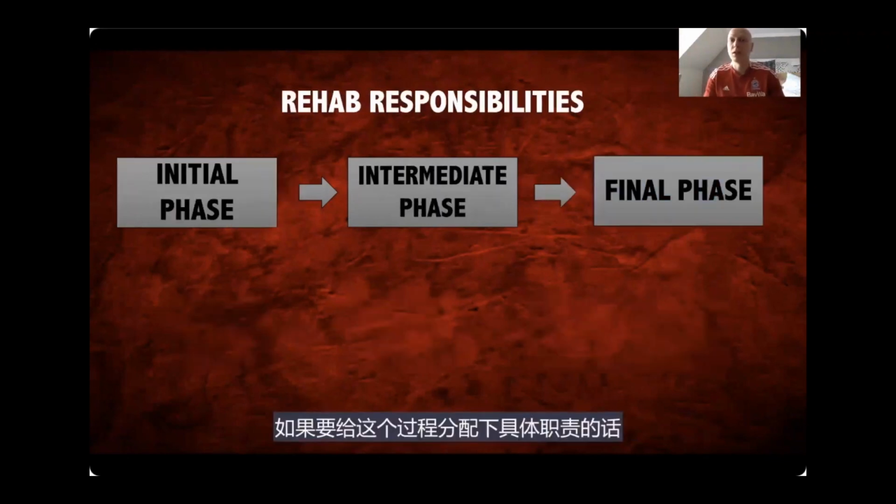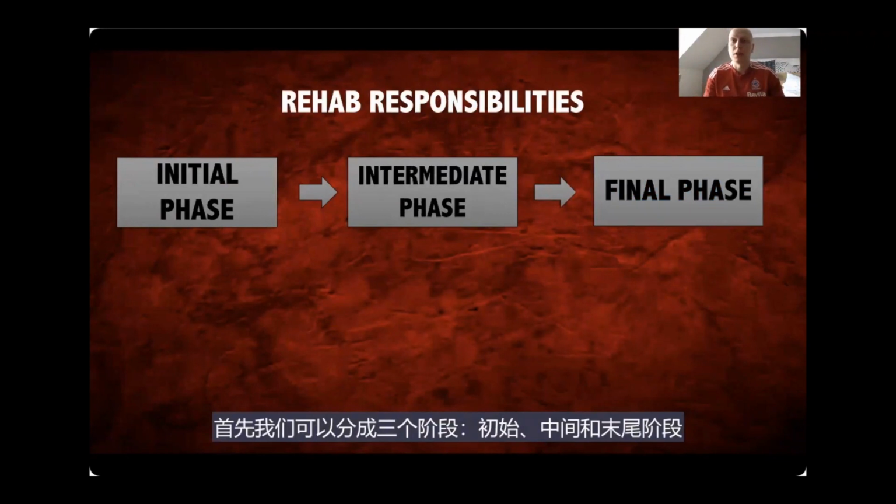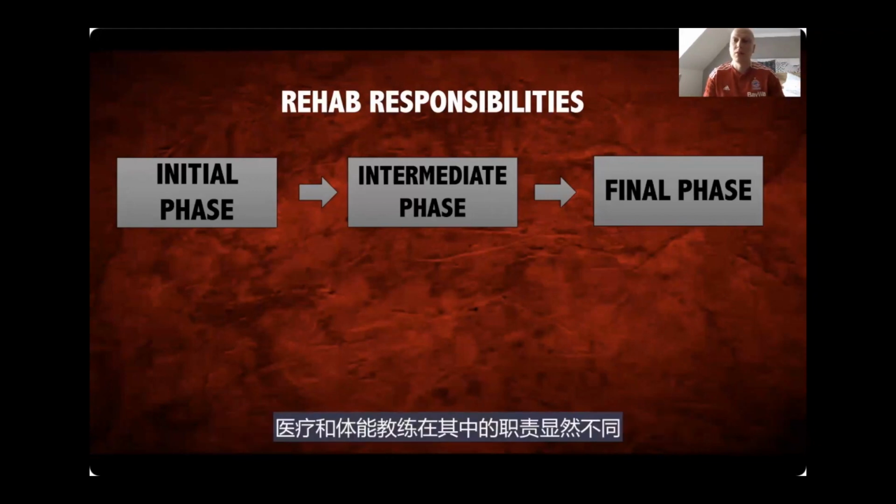When we are talking about the main responsibilities during the rehab process, we can differentiate different phases or stages of rehab. If we talk about initial, intermediate, and final phase, then we have, of course, different responsibilities between the medical department and strength and conditioning or physical performance department.